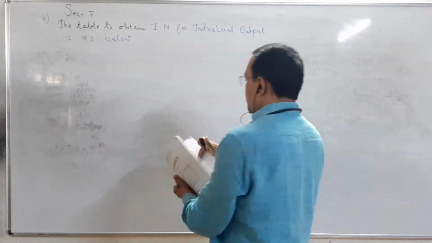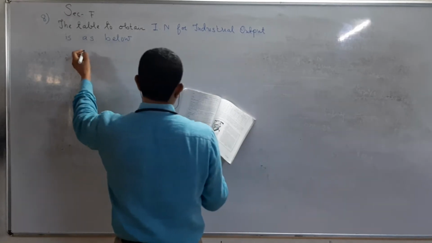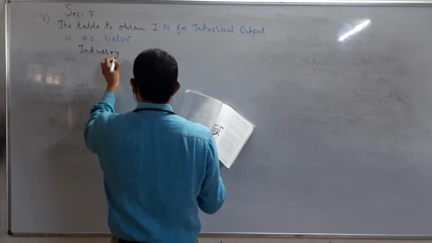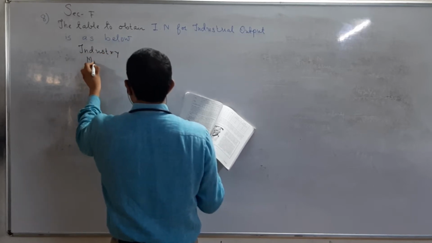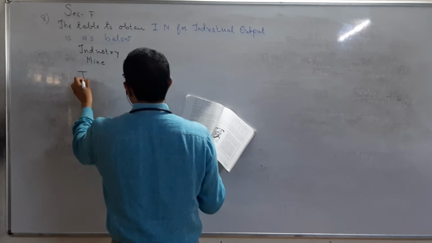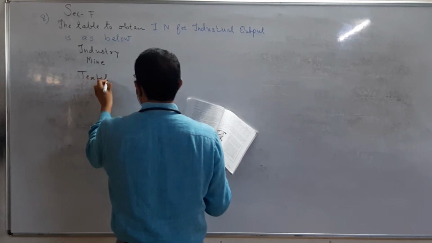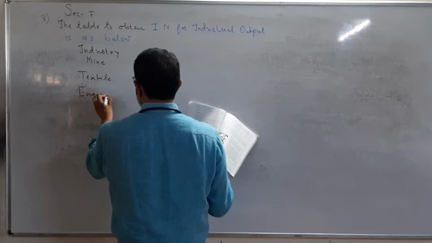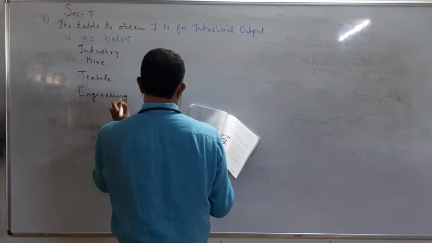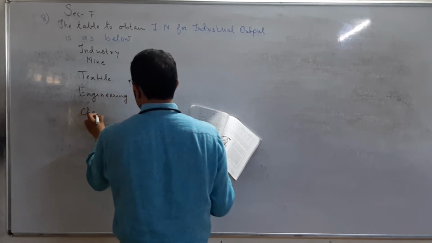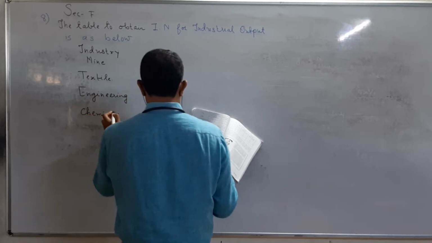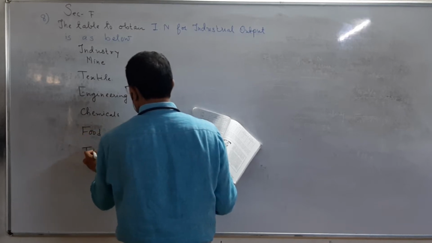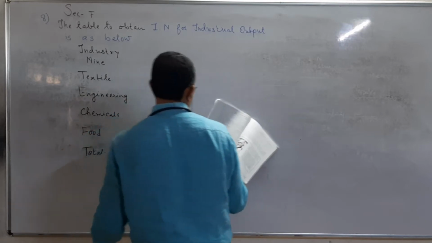So students, I am not writing the unit, directly I am writing the given group or industry. The first is mine, second is textile, third is engineering, fourth is chemicals, and fifth is food. And then total.